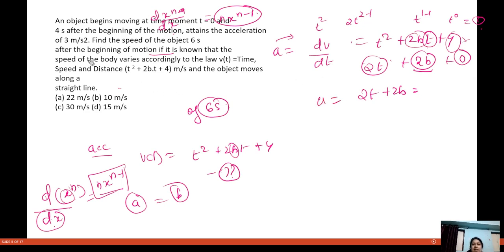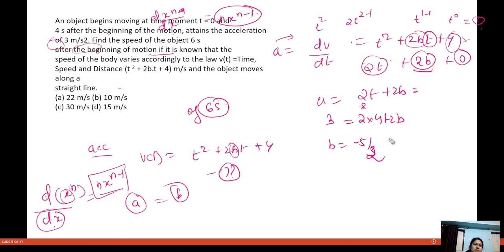acceleration. Now acceleration, it is saying after 4 seconds becomes 3 meter per second square. So put 3 here, put 4 here, then you will get the value of b here. So b is equal to how much? Minus 5 by 2, because this is 8, this is 3.